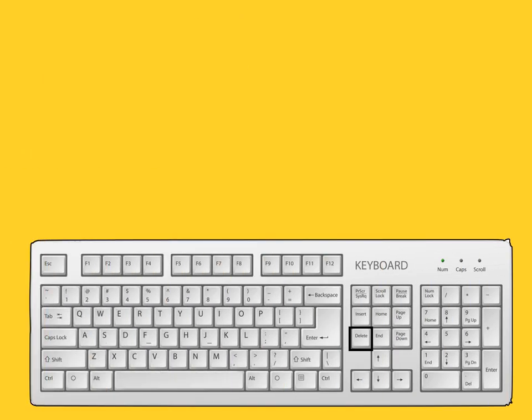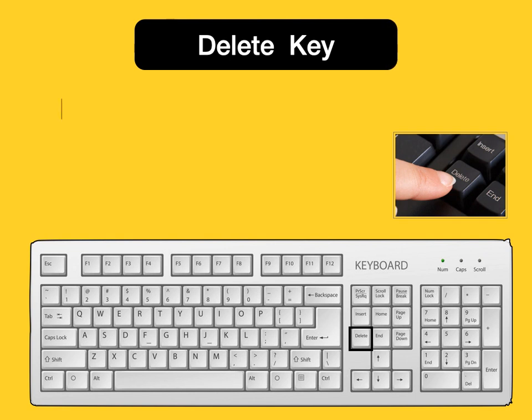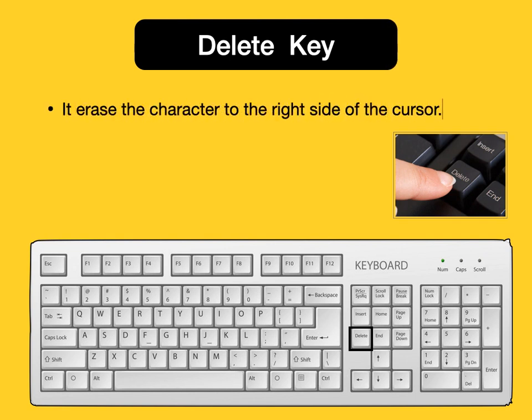Kids, next one is delete key, and delete key is similar to backspace, means their purpose is same, both keys we use to delete the letter or character. But in backspace you can delete the letter to the left hand side of the cursor, but by using delete key you can erase the character to the right side of the cursor.